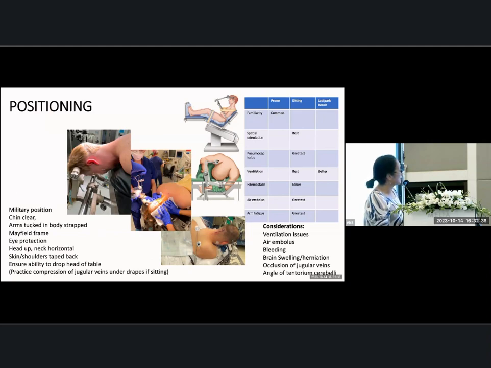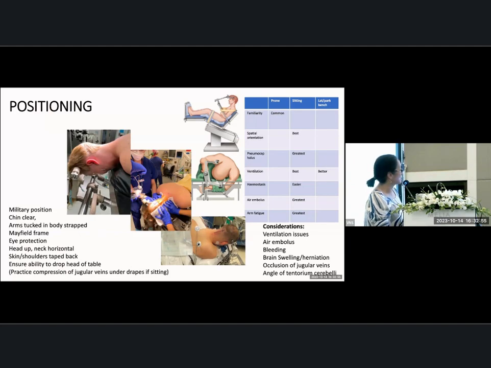We have the neck in a military position with the neck tucked in, and the chin is clear. The arms are tucked in the body, strapped, the head secured in the Mayfield frame with eye protection, and the head is slightly up and the neck is horizontal.